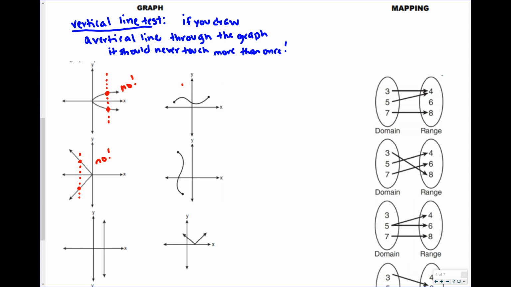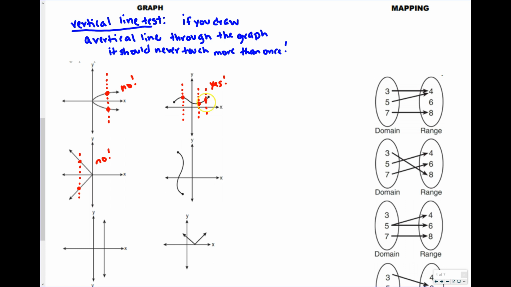However, this guy, when I do that, oh, he only touched 1 time. I'm going to test it again because it might be that somewhere else it touches it twice, but just from eyeballing it, I think that this graph is a function because it only touches it 1 time. No matter where I draw my line, it's only touching it once. Okay, that's a function. It can only touch it 1 time with 1 vertical line.